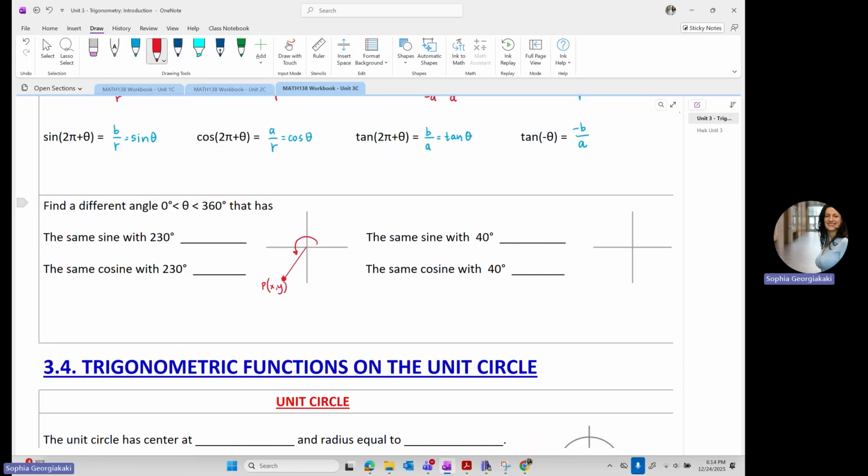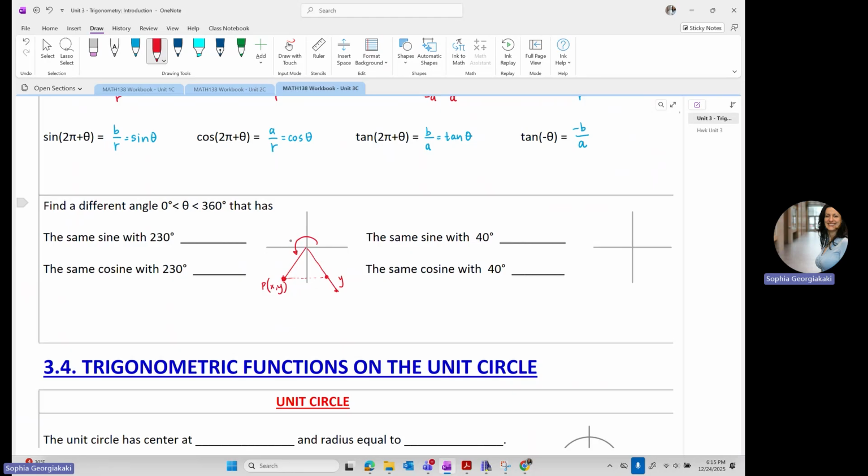So if I want the same sine as 230 degrees, I need the same y, and the same y is reflected about the y-axis, so it will be here. So I need this to be the same y, and the x will be positive now. So the question is, what angle is that?